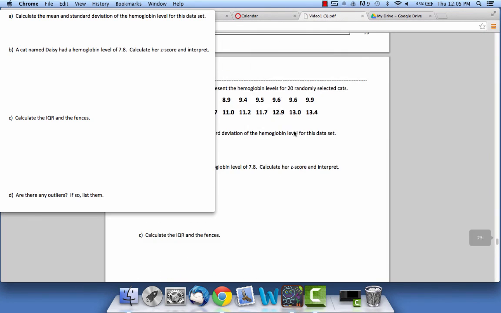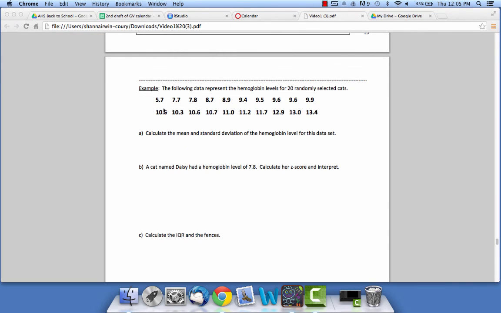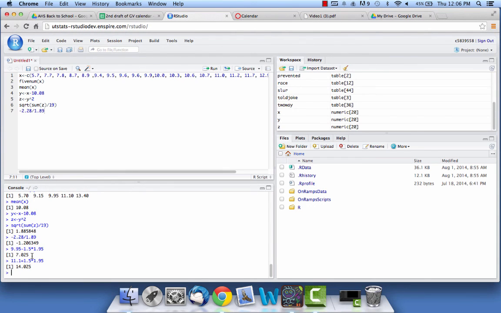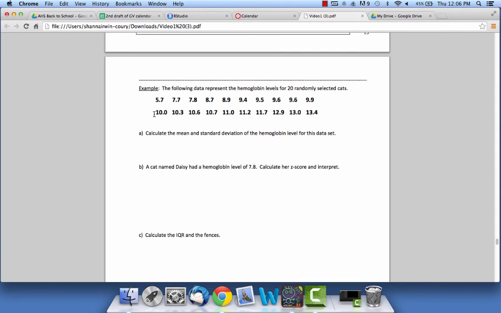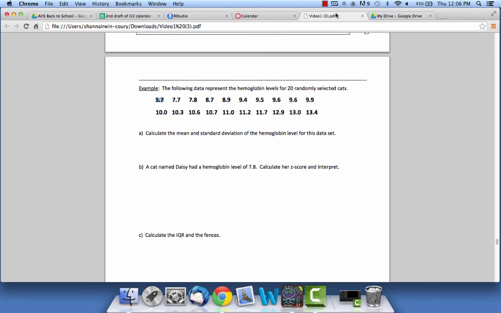If I look at these values, the biggest one is 13.4, the smallest one is 5.7. I want to know, are they outside this range? The 13.4 is less than the upper fence, so it is not an outlier. But this 5.7 is less than my lower fence, so 5.7 is an outlier.